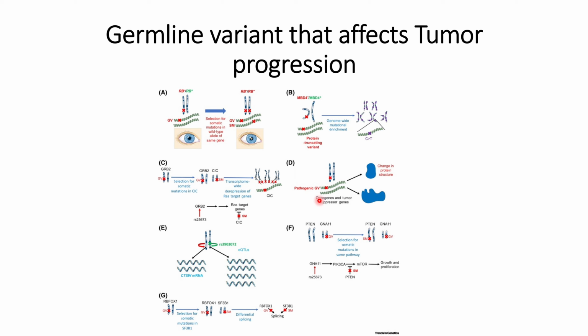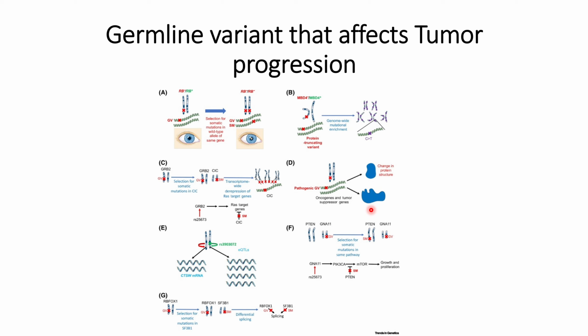The next kind of mutation is on a tumor suppressor gene. The germline variant of the tumor suppressor gene will lead to the formation of proteins that are not able to acquire their native structure, and this will lead to non-functioning of this tumor suppressor gene.